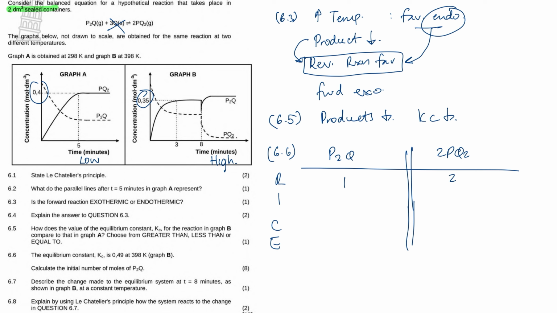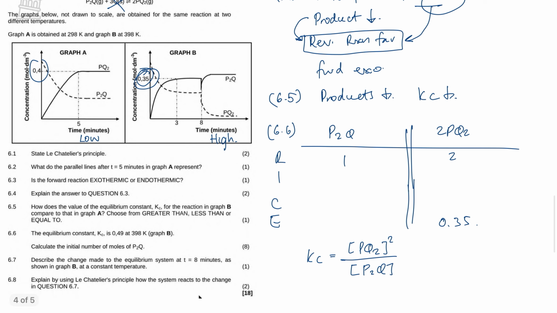Initially we don't know, change we don't know, but at equilibrium, do we know anything? Yes, we do. At equilibrium we know the concentration of the PQ2, it is 0.35, and we know the Kc. So Kc is equal to the concentration of PQ2 to the power of 2 divided by the concentration of P2Q.